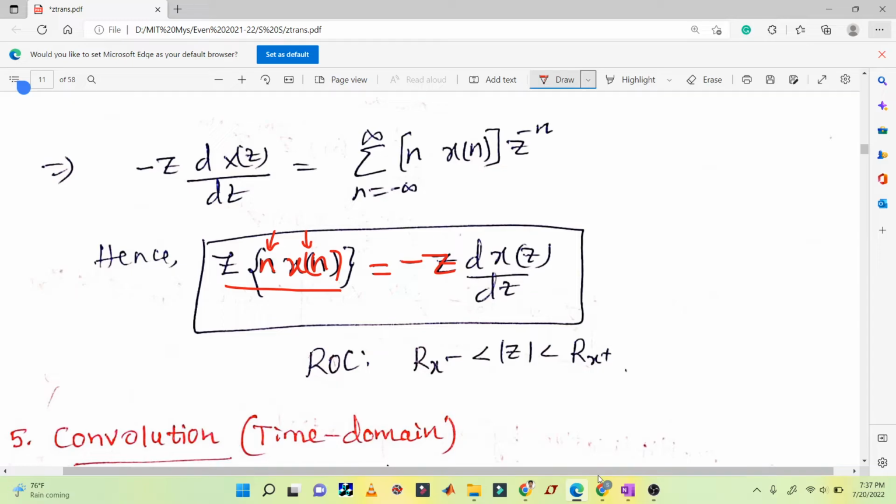Directly, what you can do is find the z transform of the given signal x of n, that is, we have to find X of z. Then we have to differentiate it with respect to z. After that multiply it by minus z. That will give us the actual z transform of this function multiplied by n. Okay, ROC remains same here.